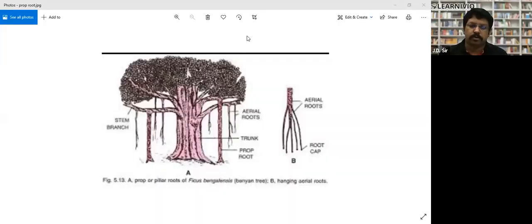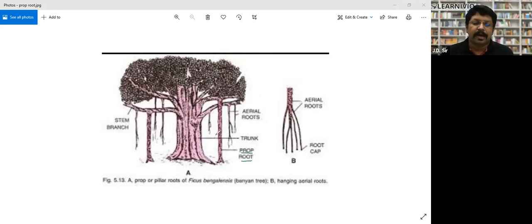You must have seen these roots hanging down. The main purpose of prop roots is to provide support, because banyan is a very large tree and its branches have great weight. If these prop roots did not support it like pillars, what would happen? So these are called prop roots.